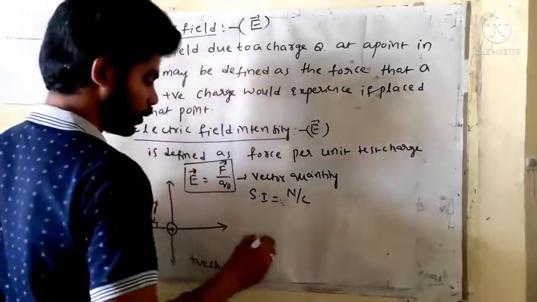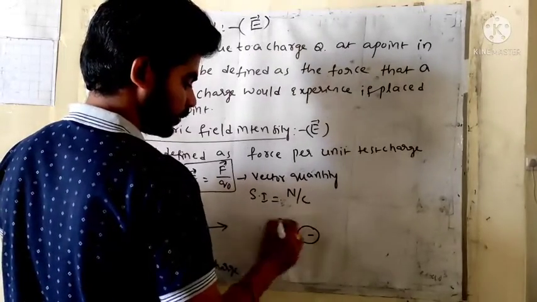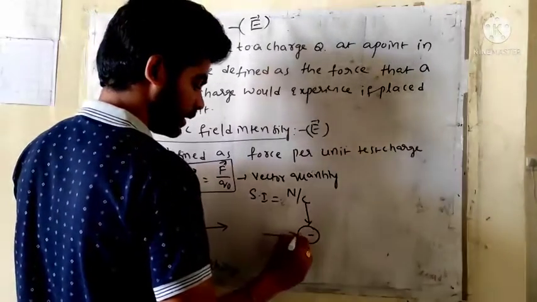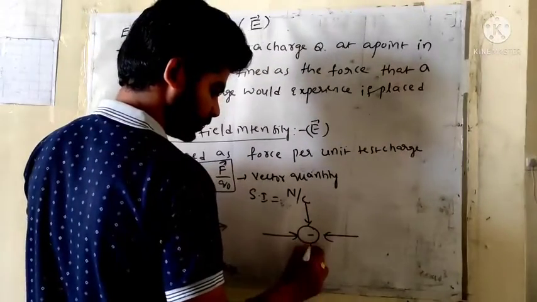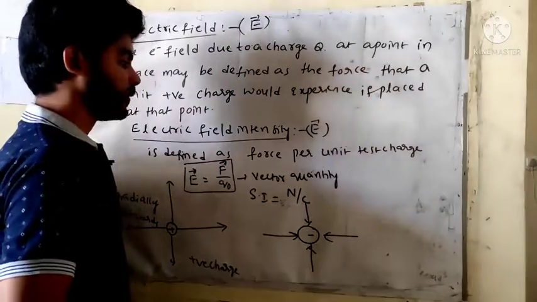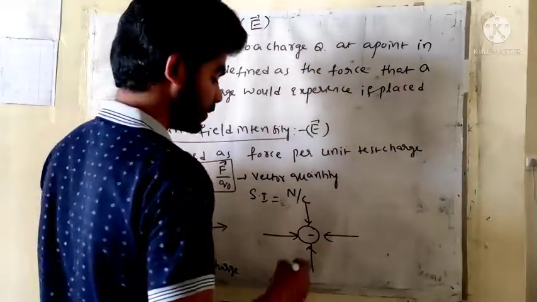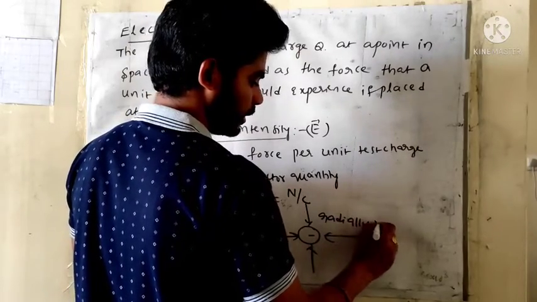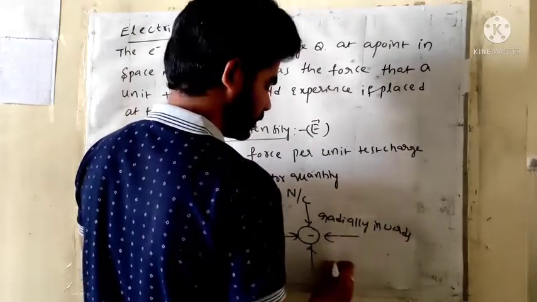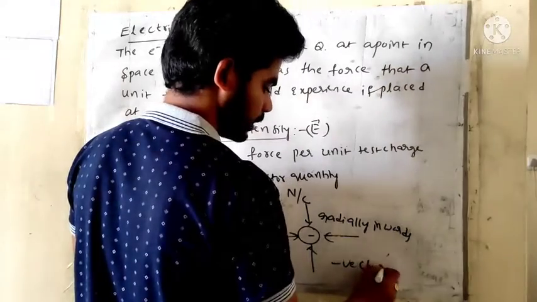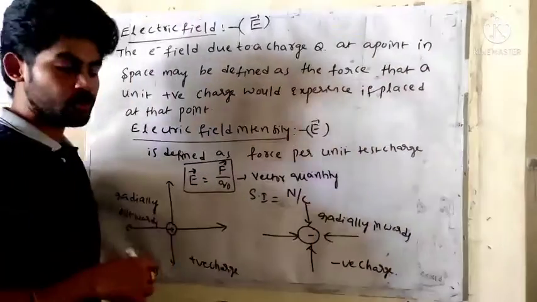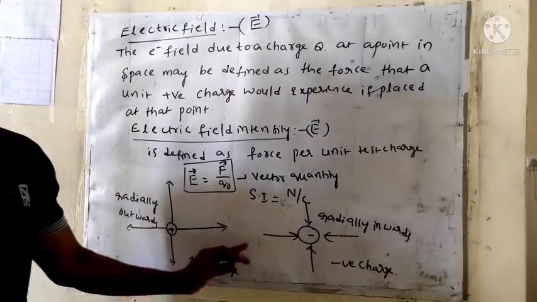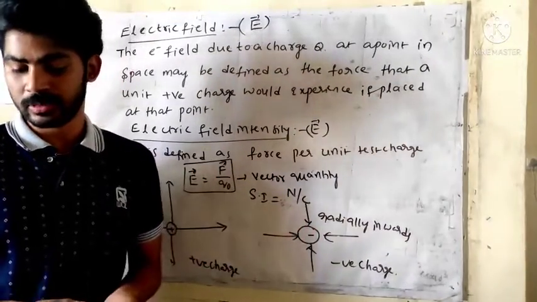For a negative charge, the electric field lines are radially inwards. Electric field intensity has both magnitude and direction, that's why it is a vector quantity. This is also very important in CBSE exams, 1 mark questions.